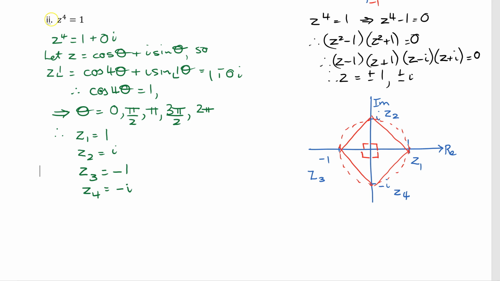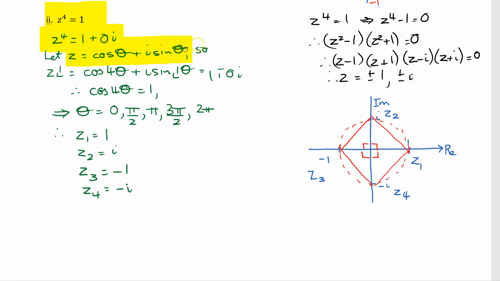Now let's take a look at z to the 4 equals 1. Because this has an even number of roots, what we will be expecting to get is 2 real roots and one other pair of roots as complex conjugate pairs. So for what it's worth, we'll look at De Moivre's theorem first.